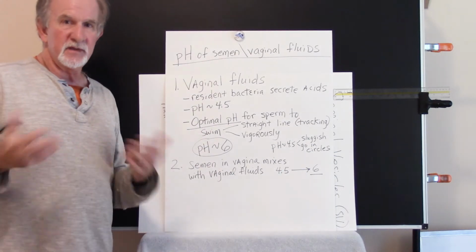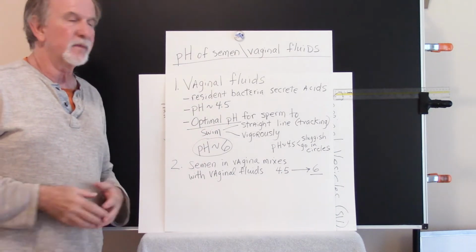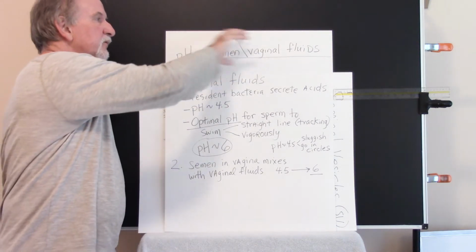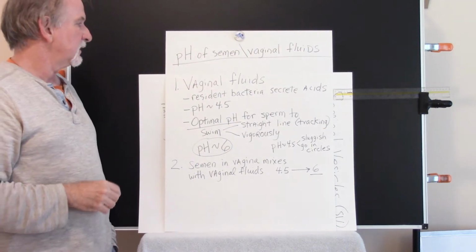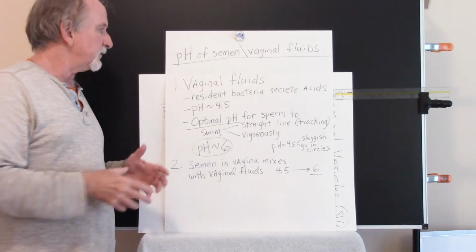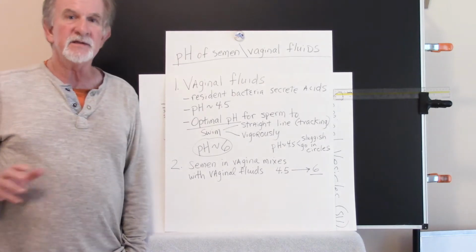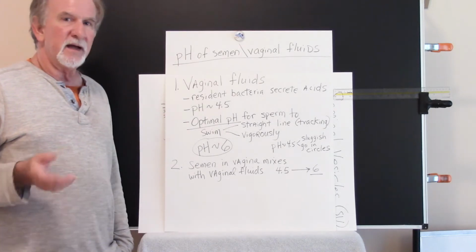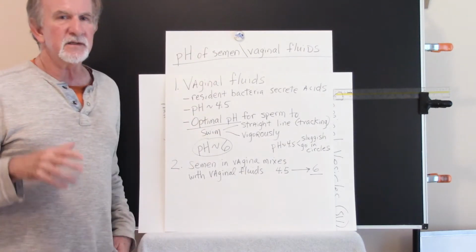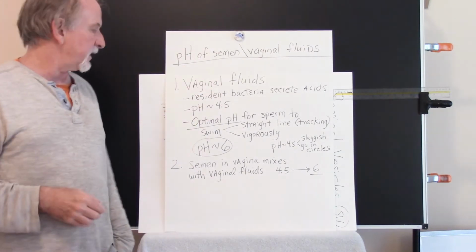The pH of semen is important because of the acidity of the vaginal fluids. So it turns out that there are resident bacteria that live in the vagina and they secrete acids. As a result, the pH of the vaginal fluids is somewhere around 4.5.